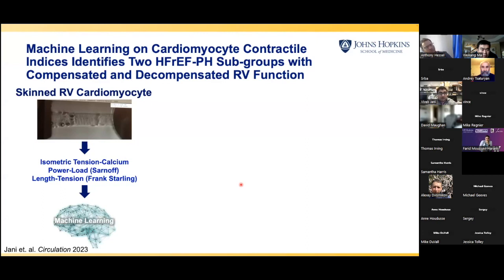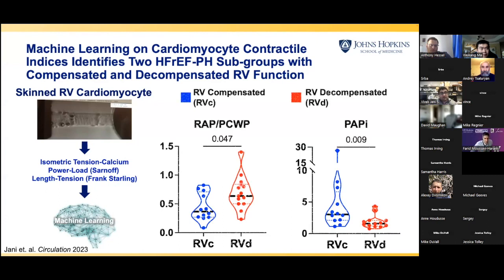What do the clinical differences look like between these two myocyte contractile groups? The machine learning model gave us two groups, A and B, and we then compared ad hoc statistically what the differences in clinical indices are. We found two clinical groups. First, what we call RV decompensated, in red, and these patients have elevations in right atrial to pulmonary capillary wedge ratio, which is indicative of RV failure, as well as depressed PAPI, compared to the blue group, or RV compensated myocytes.